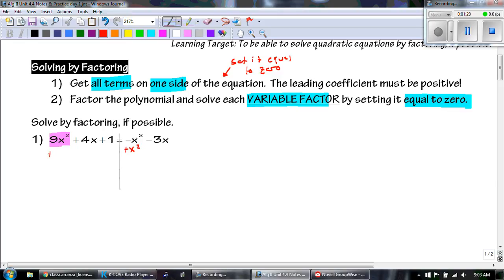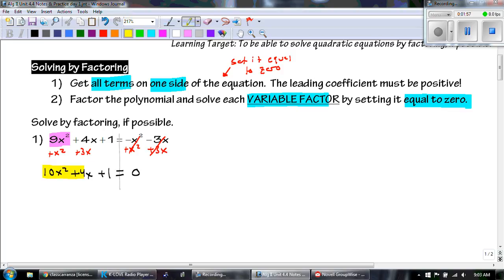I'm going to add x squared to one side, and if I add the x squared, I need to add the 3x as well. The reason we do that is because we want one side equal to 0. So now we have 10x squared plus 7x plus 1 equal to 0.